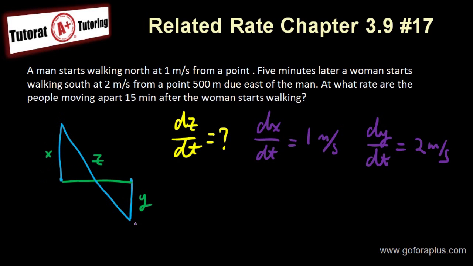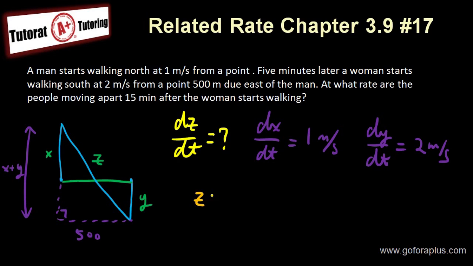Now, if you want to find z, what I suggest you do is draw a right angle triangle. All right, so 500 would be here, 500 meters, and this whole length here is actually x plus y. So I would have my equation to be like this.